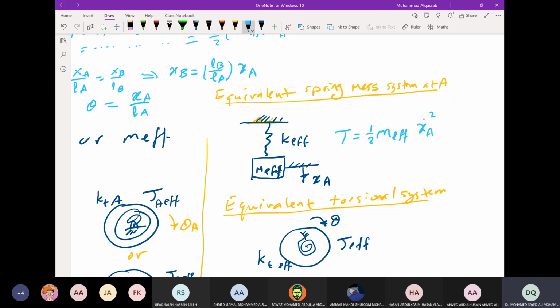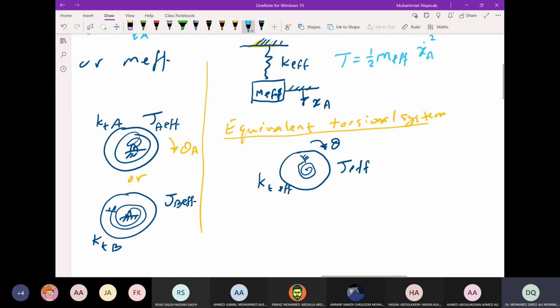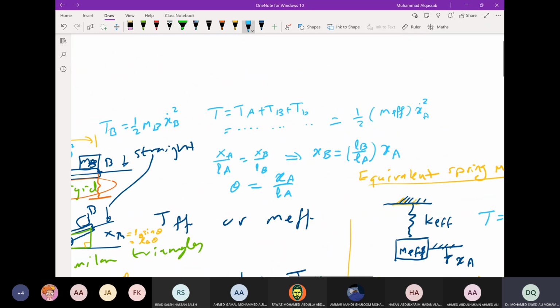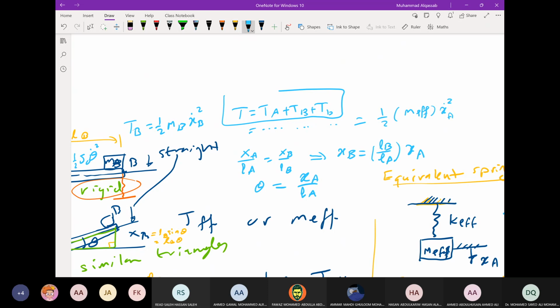And if you want to get the torsional system, then this will have a kinetic energy 1/2 J effective theta dot squared. The kinetic energy is the same, but for the torsional system you replace XA dot in terms of theta dot, and XB dot in terms of theta dot.